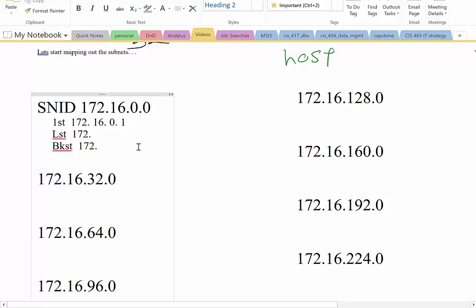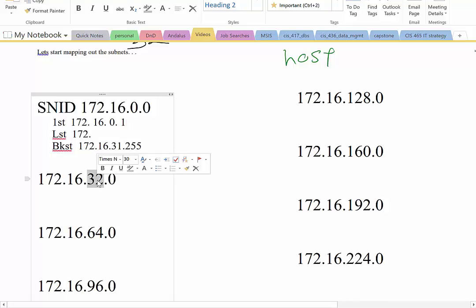So what is one less than 172.16.32.0? Well, it will be 31.255. One less than this. Now, if you subtract something from 0, you go into the negatives, or you go into the network above it.